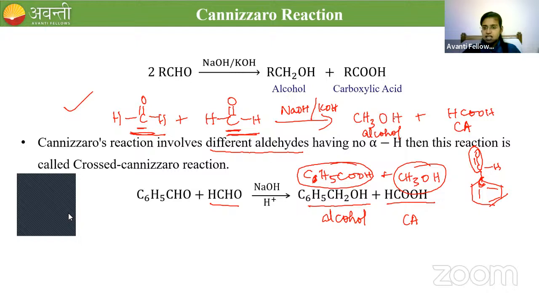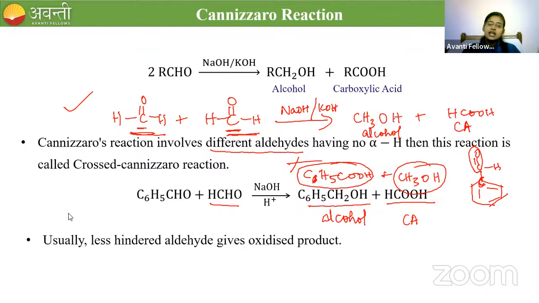Aishwarya's answer is correct. I will give the reason for it. The second combination, this benzoic acid and methanol combination, is incorrect. Why is it incorrect and what do we have to follow? Usually, the less hindered aldehyde will give the oxidized product.